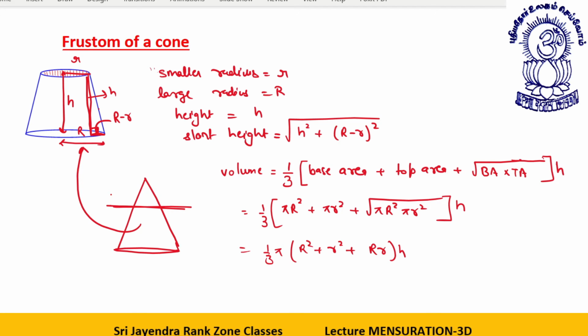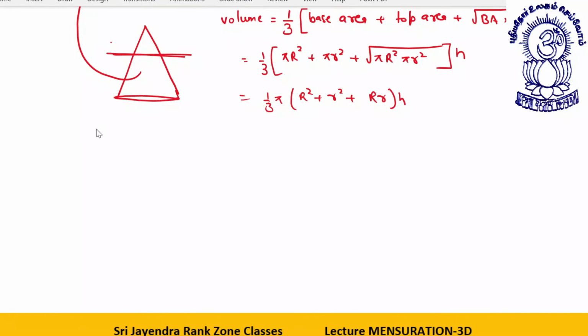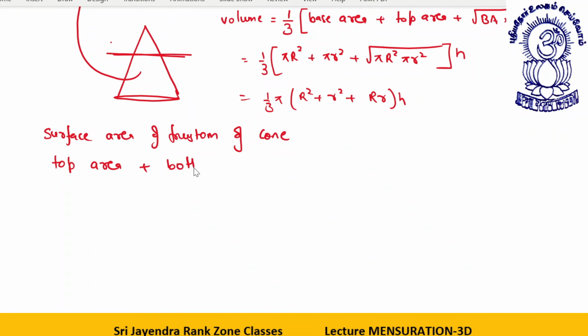Now, how do we find the surface area of the frustum of a cone? What will be the surface area? The surface area will be top area plus bottom area plus the curved surface area.